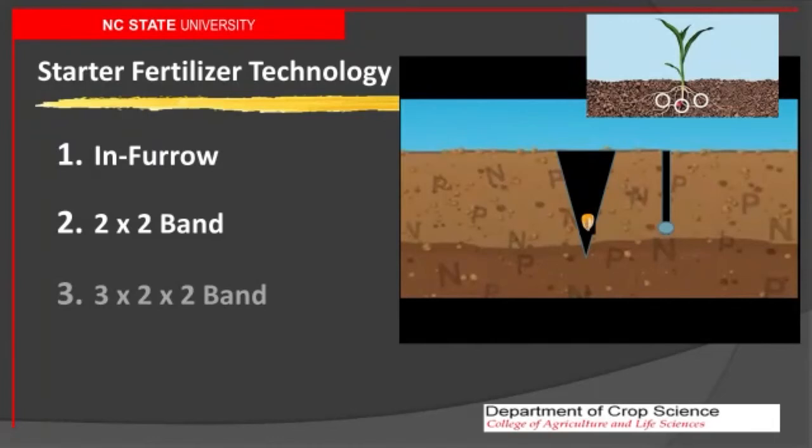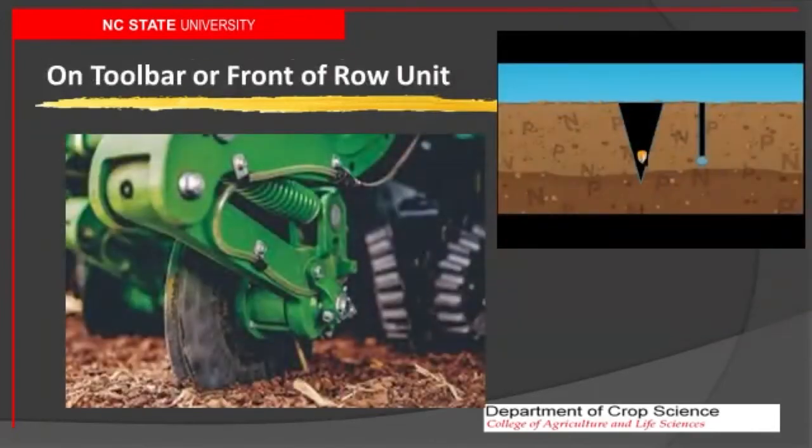All right, let's take a look at 2x2 band. Again, technology that most of you are probably somewhat familiar with, but let's review it. There are two different ways to do a 2x2 band. You can do it on the toolbar. My dad ran a planter like this. It was a pull-behind planter. You had a front bar before the main frame, and on that bar you mounted these.